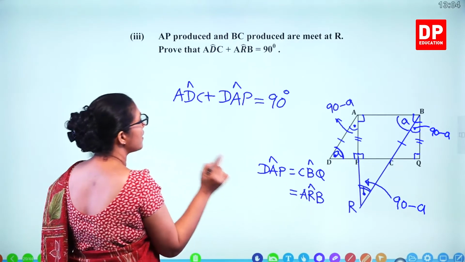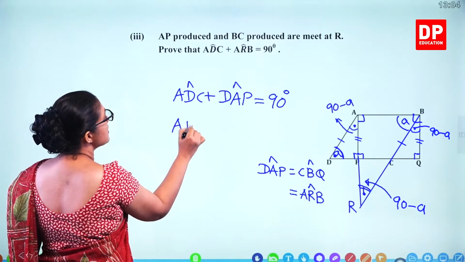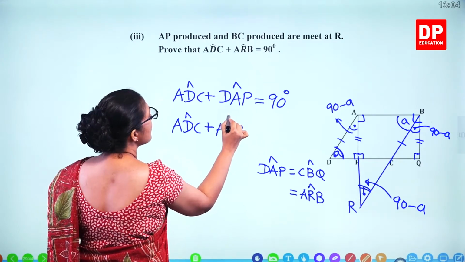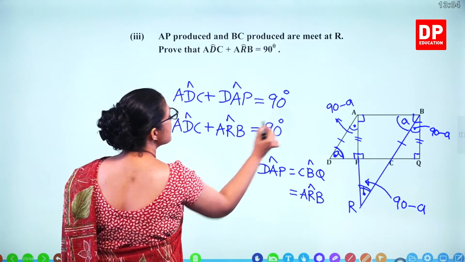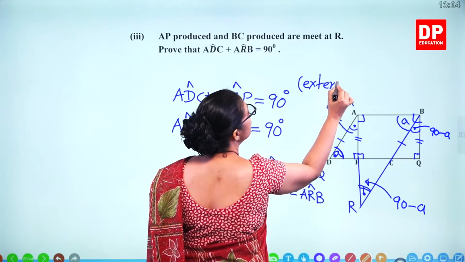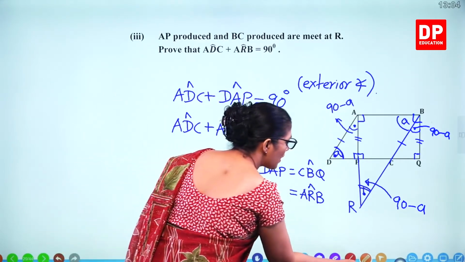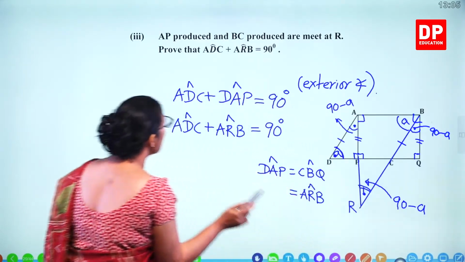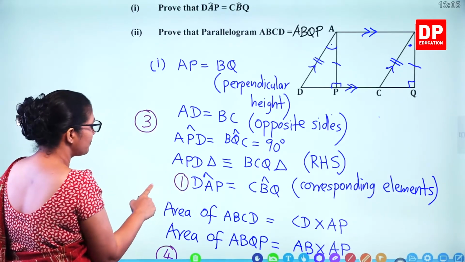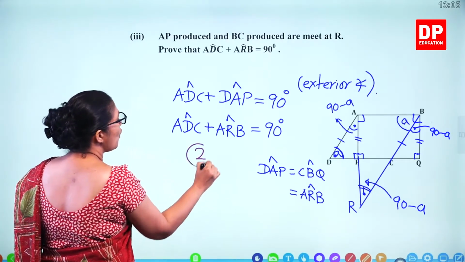So I can plug instead of DAP, I can write ADC plus ARB is equal to 90 degrees. So here write down the reason, exterior angle. For that you get only 2 marks because you got 8 marks before: 3, 4 and 4, 8, and only 2 marks for this part.